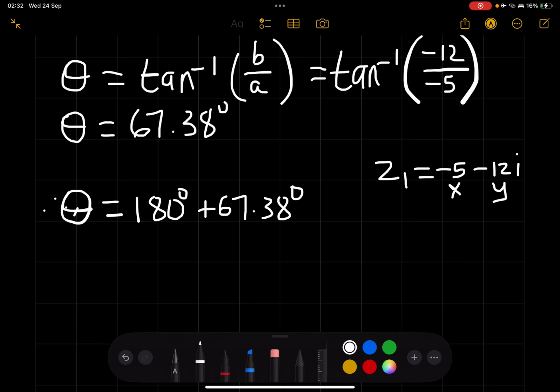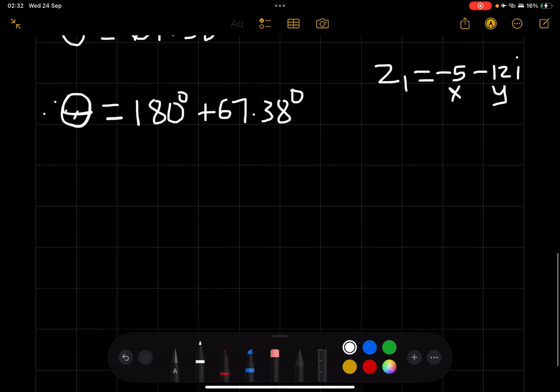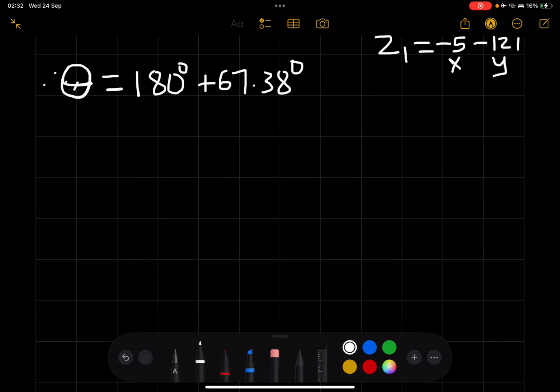The reason I'm doing that is because in the third quadrant, it's 180 plus. In the second quadrant, it's 180 minus. In the fourth quadrant, it's 360 minus. Okay, sharp. So this will give us 247.38 degrees.